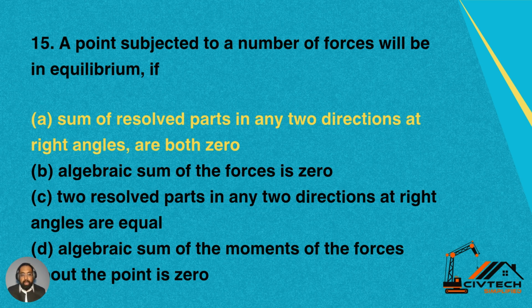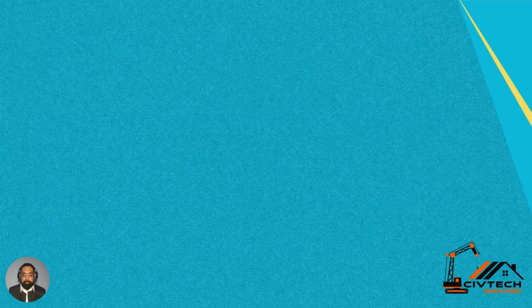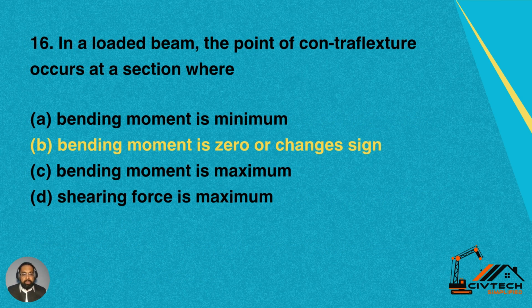Option B. Algebraic sum of forces is 0. Option C. Two resolved parts in any two directions at right angles are equal. Algebraic sum of moments of forces about the point is 0. So A is the correct option here. Sum of resolved parts in any two directions at right angles are 0. So that body will be in equilibrium.